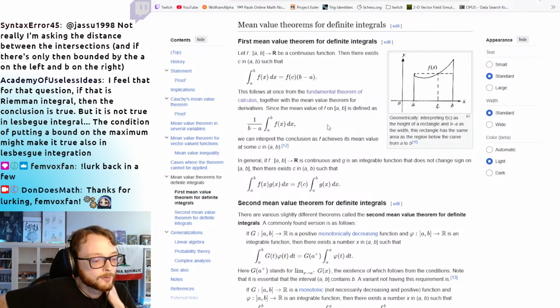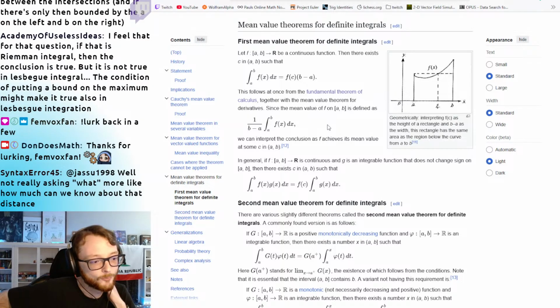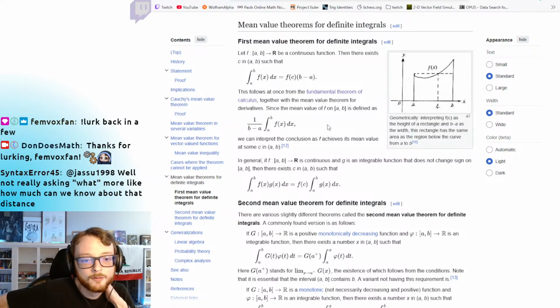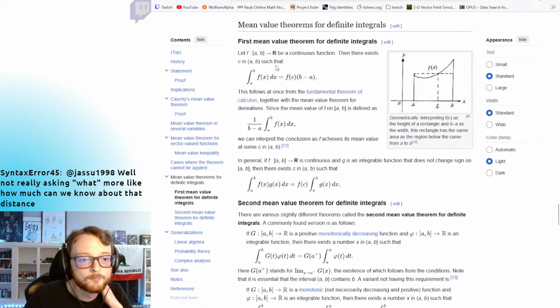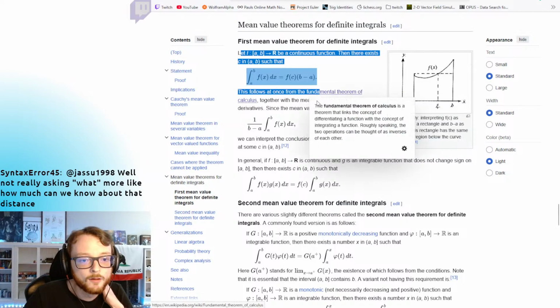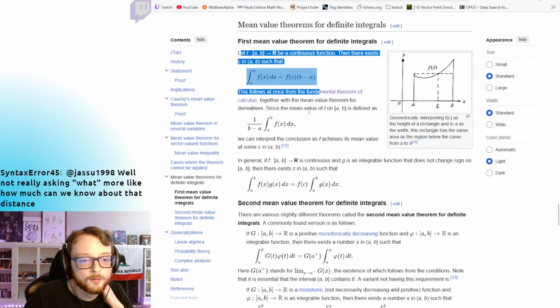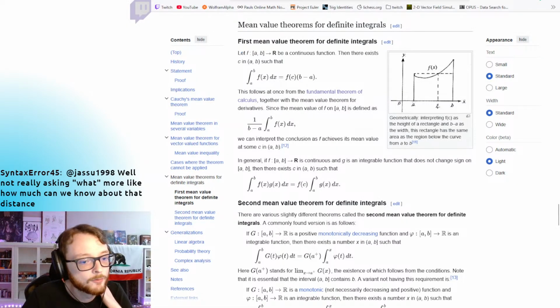Conclusion is true, not for Lebesgue. Interesting. I assume Syntax hasn't done Lebesgue integrals, so we can only worry about Riemann. That's the theorem that we want.